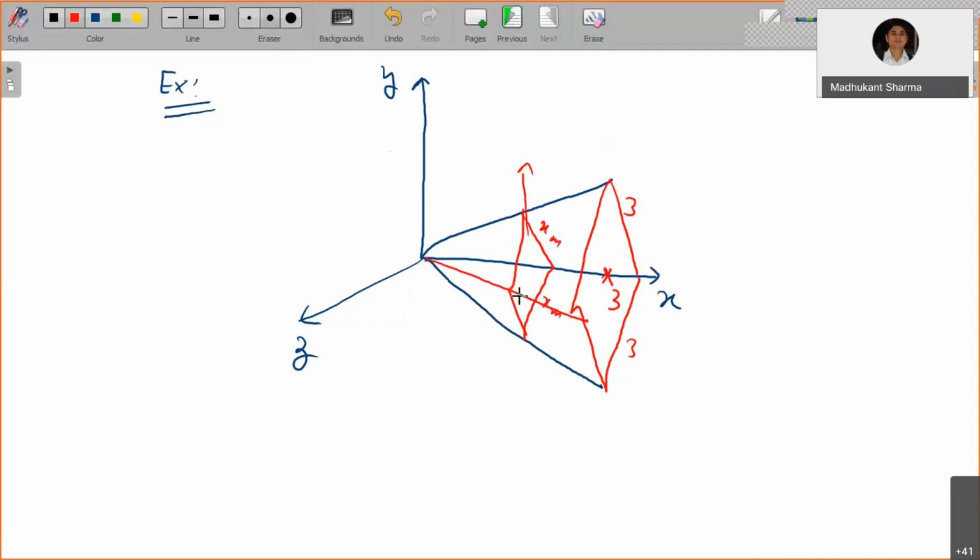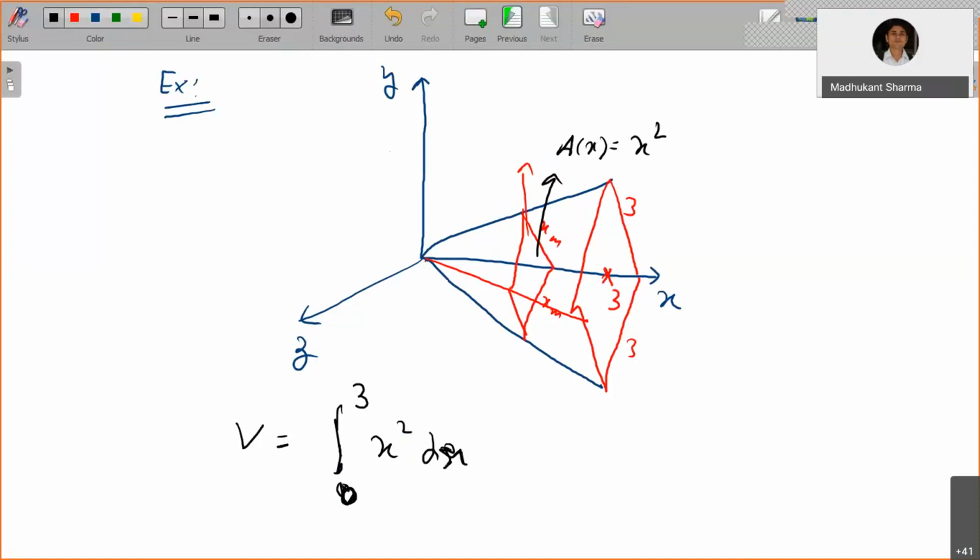Okay, and whose area is, so this is area A, A of x, whose area is what? This area is x square. Now, what will be the volume of this pyramid? It is going to be the integration from 0 to 3 of x square dx.